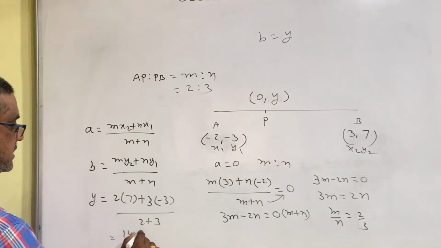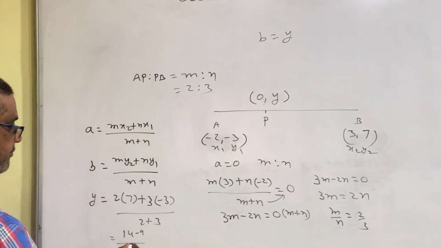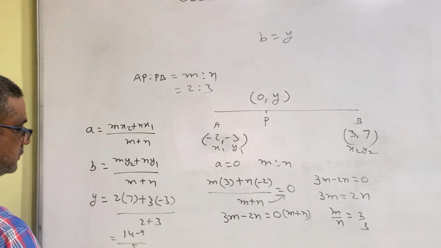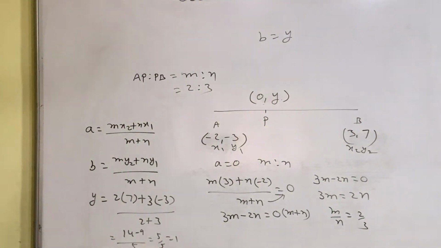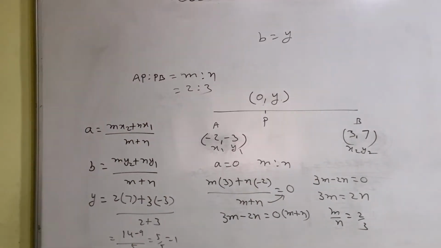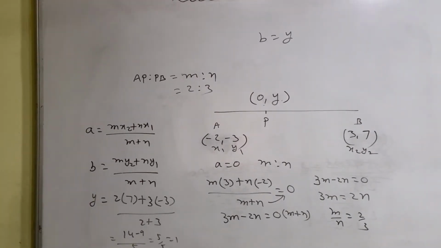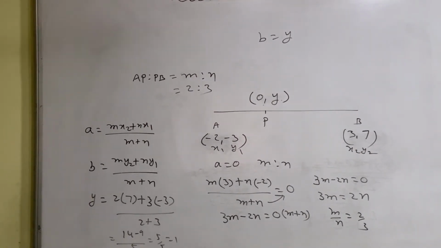So 14 minus 9 by 5. So 5 by 5. The y value is 1. So the coordinates of P are 0 comma 1. Okay?